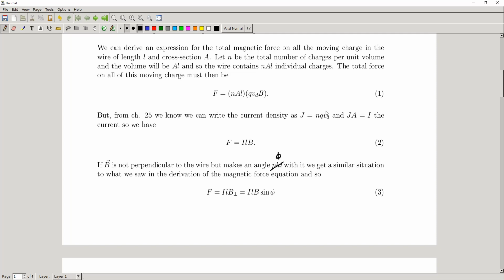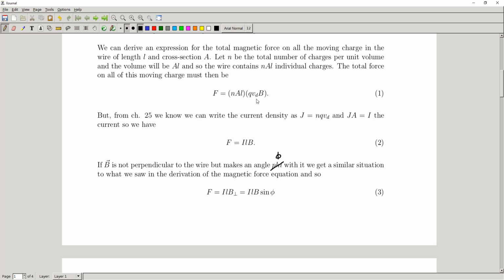Because depending on how quickly this clump of charge is moving down the wire, it'll dictate how much charge per unit volume you have, and this is a charge per unit volume. If we multiply the charge per unit volume by A, the cross-sectional area of this thing, we end up picking up our current.